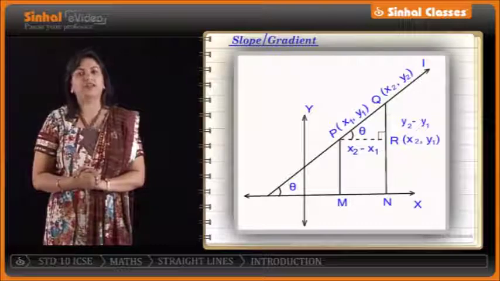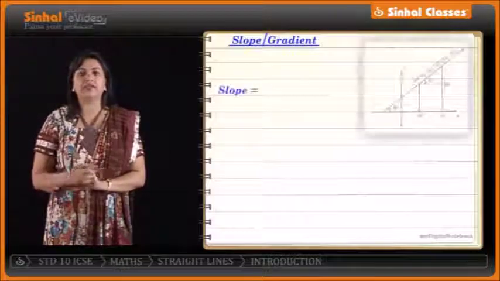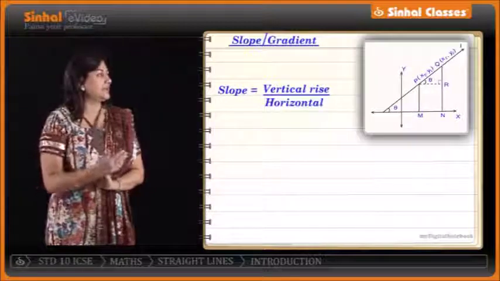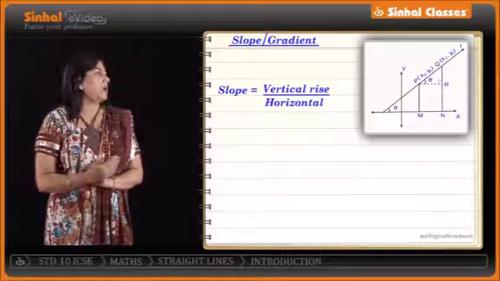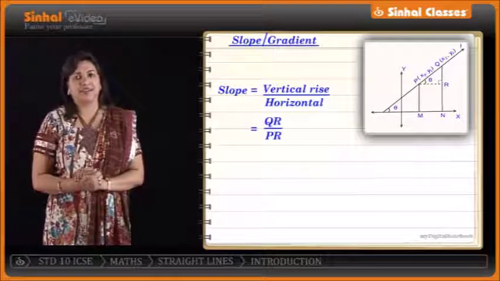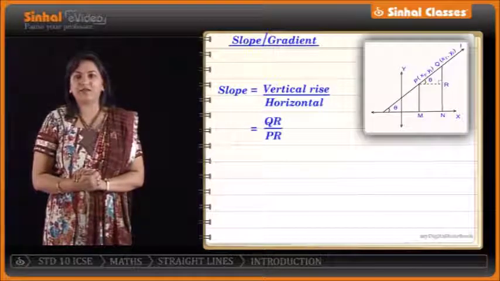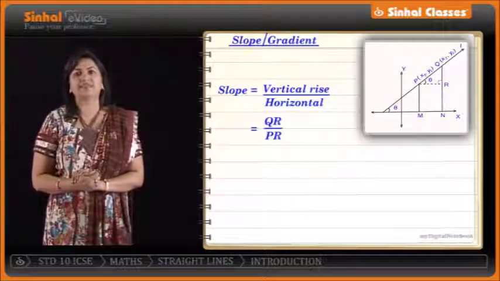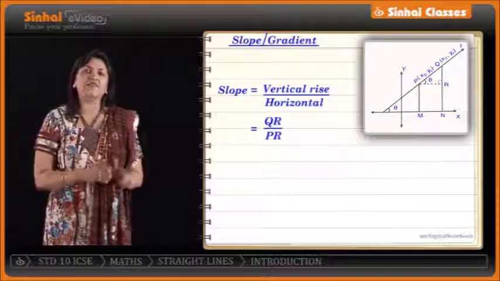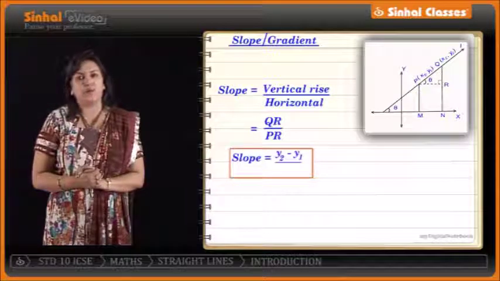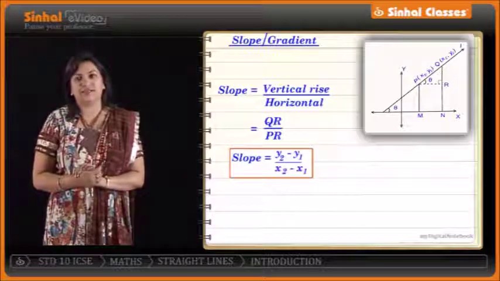So in this triangle, the slope is the vertical rise upon horizontal, that is QR upon PR. Now what is distance QR? That is y2 minus y1, and distance PR will be x2 minus x1. So we have slope is equal to y2 minus y1 upon x2 minus x1.